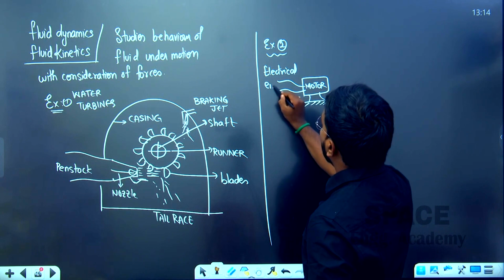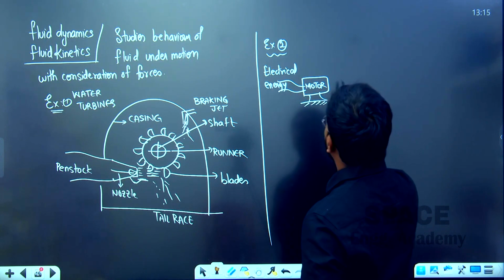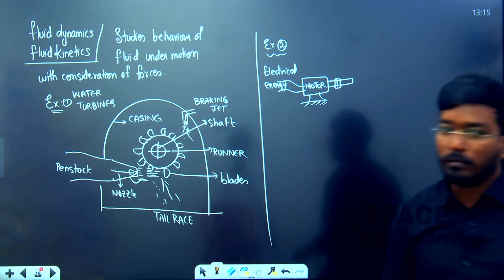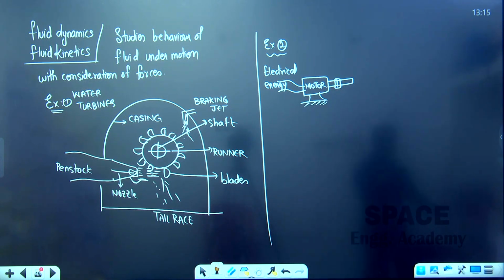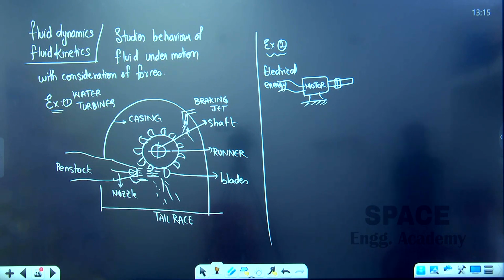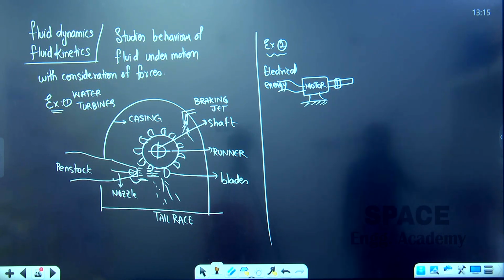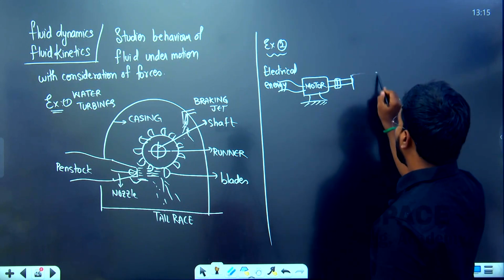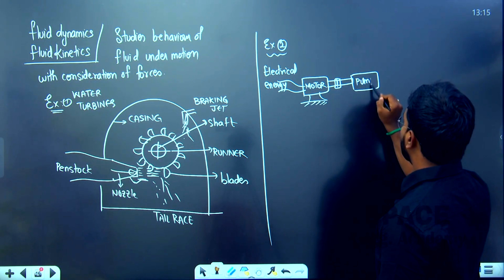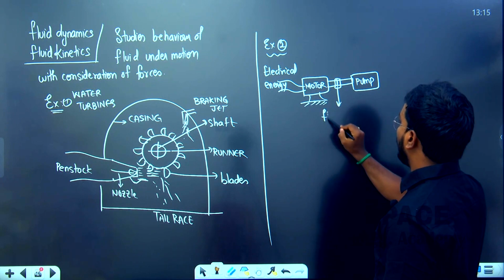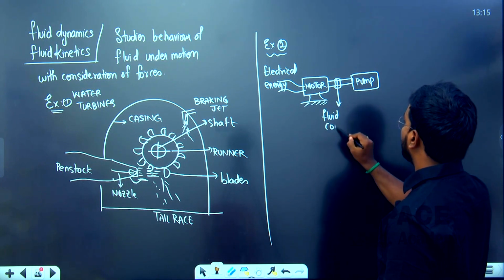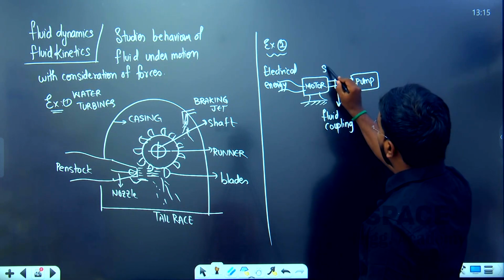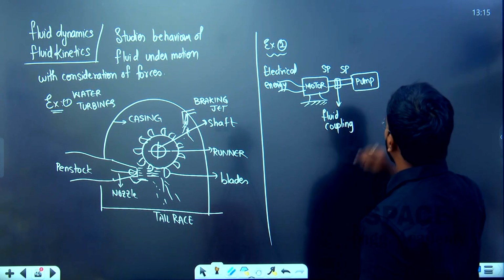This electrical energy is converted into shaft power. This shaft power of the motor is connected to the pump shaft by means of a coupling called a fluid coupling, hydraulic coupling.